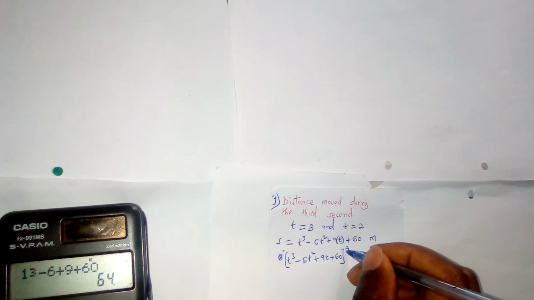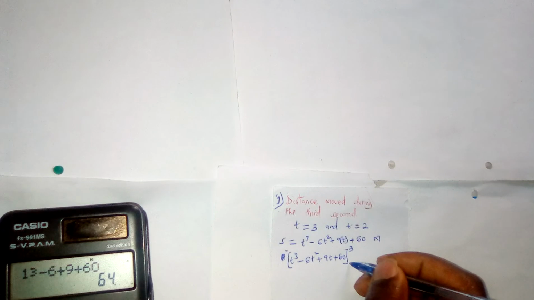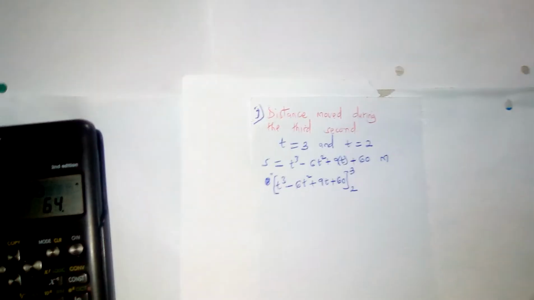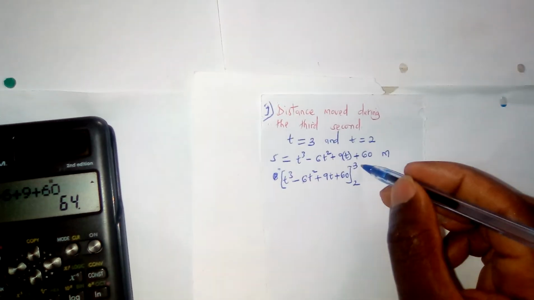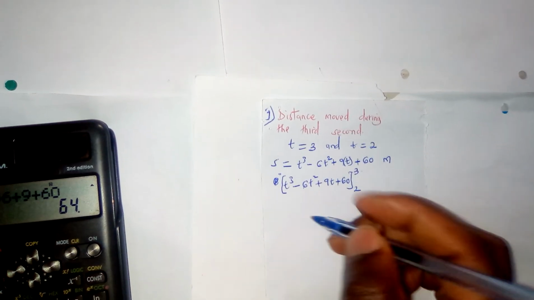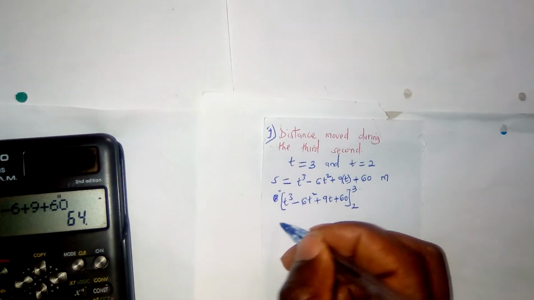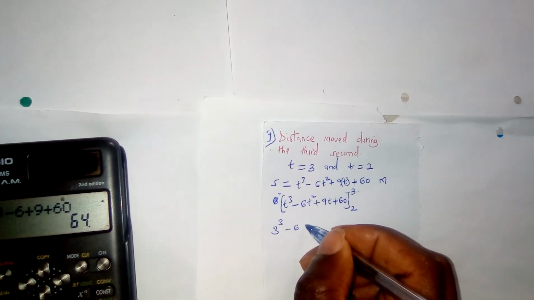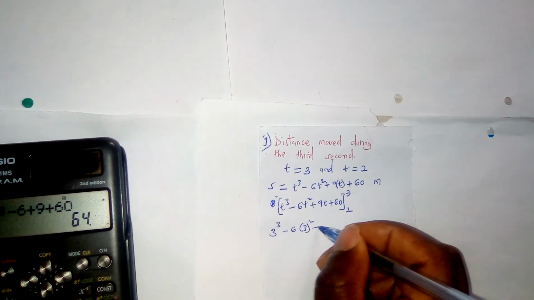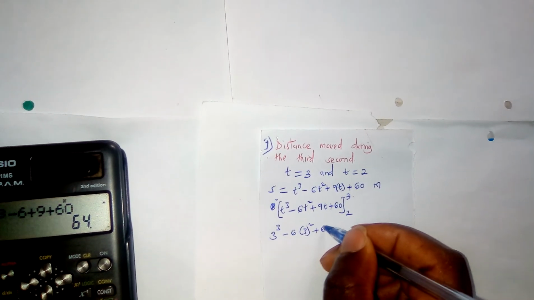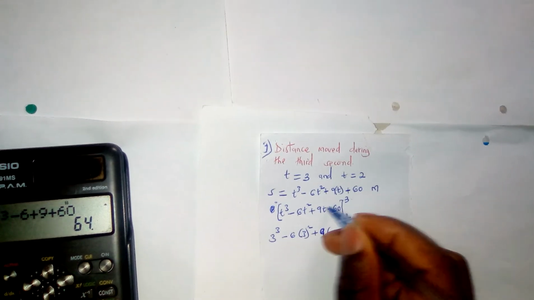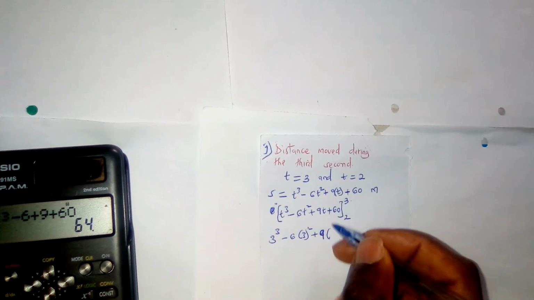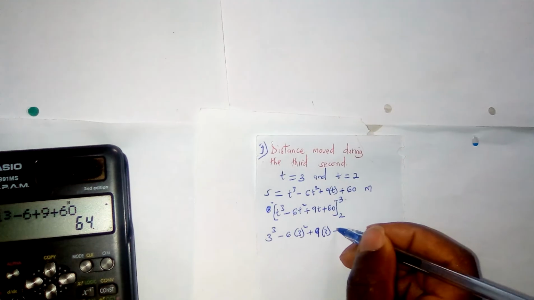Then I compare the two times. Now when 3, because 3 is bigger than 2, I'll put it up there, then 2, I'll put it down there. Now when I substitute t with 3, I'll be having 3 cube minus 6 into 3 squared plus, sorry, that is 9, that is 9 into 3. Remember, it is 9t and t is 3, so 9 into 3 plus 60.